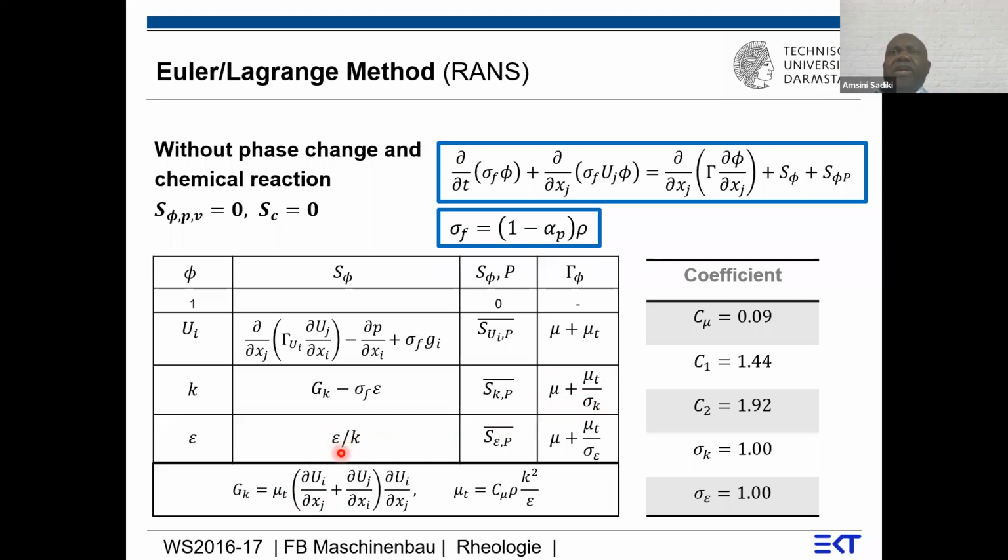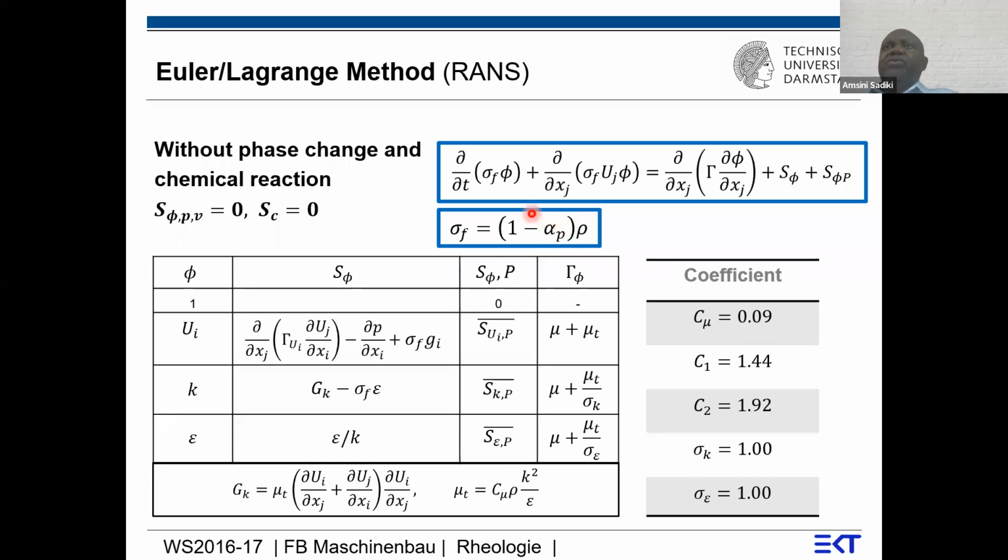And for the epsilon equation, we have the production and dissipation part, and we have the source term, and here we have the diffusion. So I introduced this factor here.